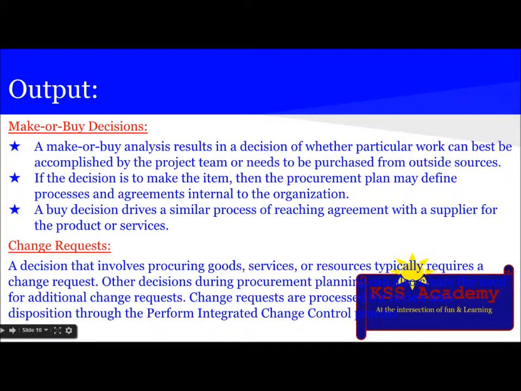A decision that involves procuring goods, services, or resources typically requires a change request. Other decisions during procurement planning can also create the need for additional change requests. Change requests are processed for review and disposition through the perform integrated change control process.